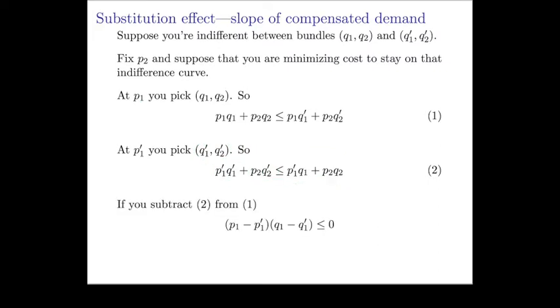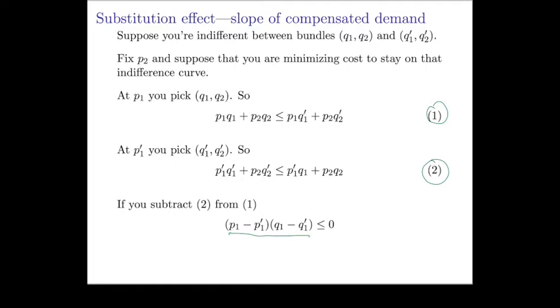If you were to subtract this inequality from this one, what you'd get is the following. P1 minus P1 prime times Q1 minus Q1 prime is less than or equal to 0.